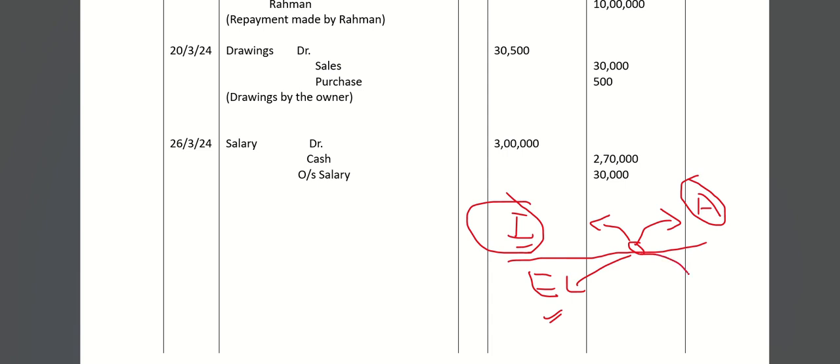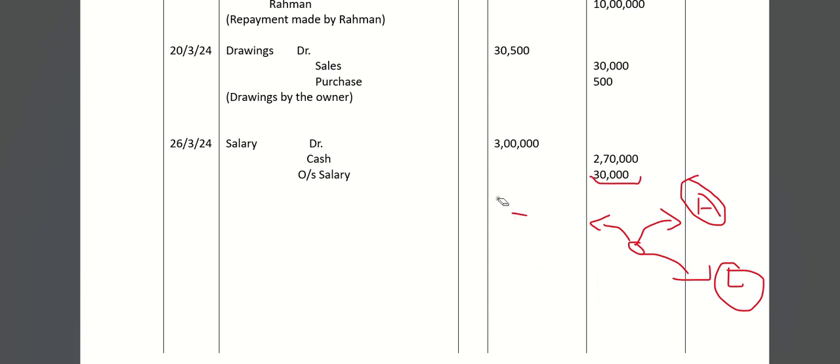If the expense was paid after the due date, it becomes a liability of the business. So the same thing has happened here. The salary, if it was paid on time, we would have taken it as expense alone. But since we failed to pay salary to one person, that amount became outstanding salary, a liability for the business, which has to be met in the coming year.